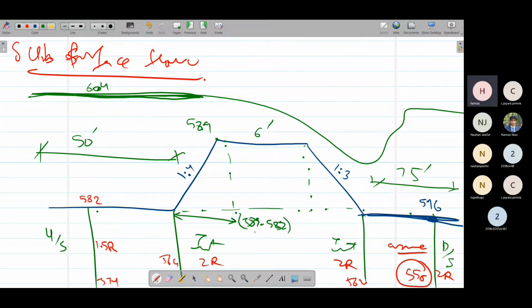This is the vertical ordinate, multiplied by slope 4 to get the horizontal ordinate. In the same way, we calculate 589 minus the 576 downstream bed level, times 3, because here the slope is 3.